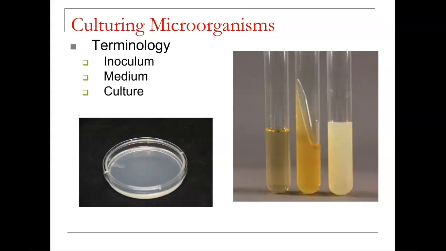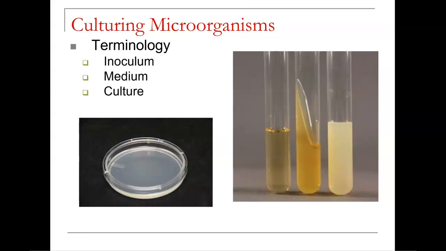And so those would be referred to as stored specimens. Sometimes you order them and they are living. Sometimes you order them and they're freeze dried, and you have to actually add in some broth, almost like bring them back and get them to start growing again. So those would be your stored specimens.